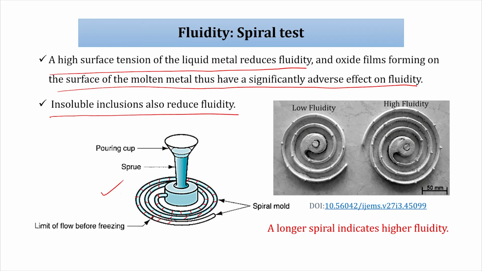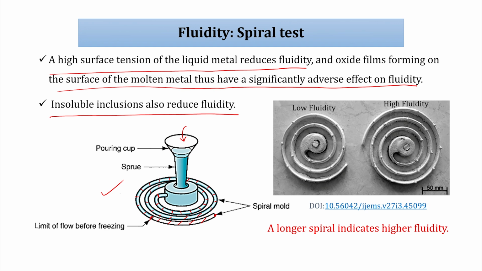We start filling molten metal into these sections. From there we start to pour and allow it to fill the cavity, and if fluidity is perfect, you will see liquid reaching the last point. If fluidity is not perfect, what will happen? It will stop like here, before the last point. It can freeze and we can't fill ahead.